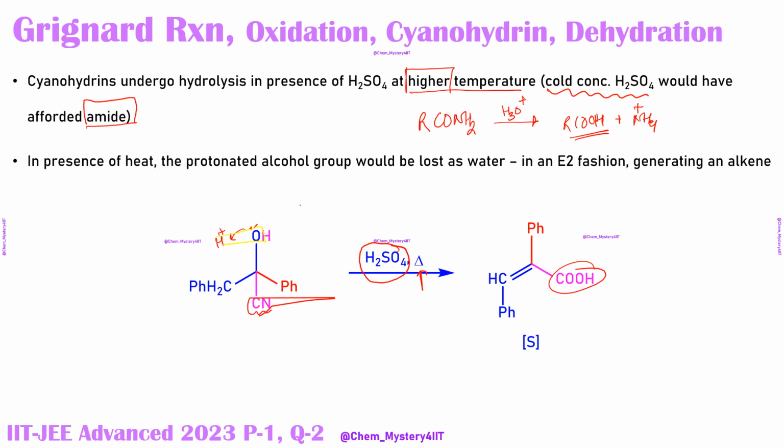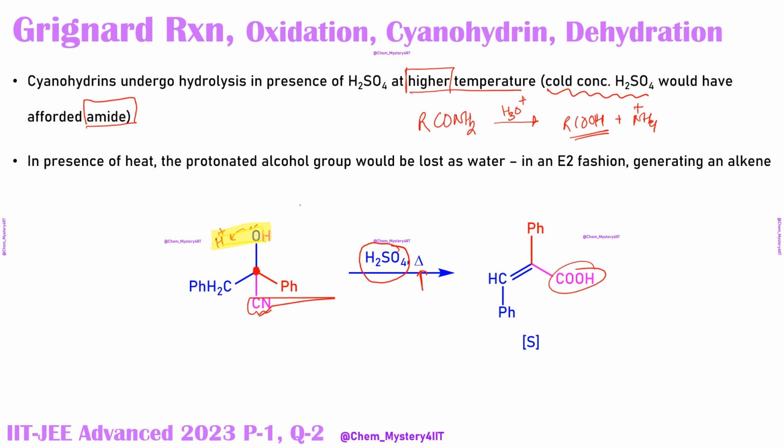We understand that whenever an OH group is protonated, either by regular Bronsted acids or some Lewis acid, it converts into a good leaving group. So when that leaves, you get the possibility of carbocation generation, whether it was cyanide present in the beginning or the carboxylic acid.